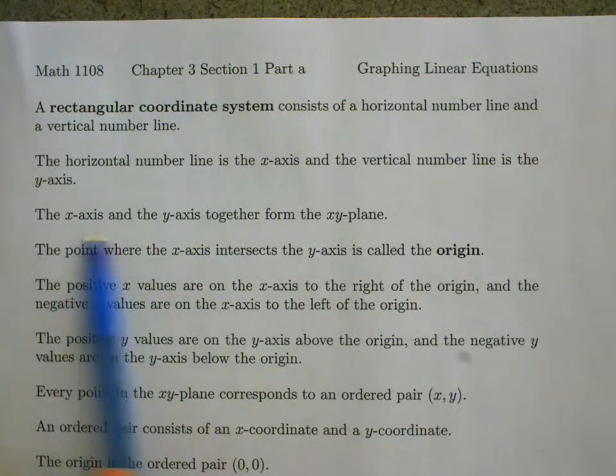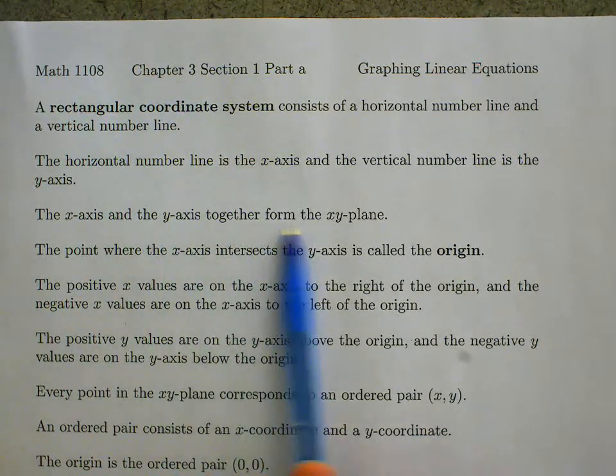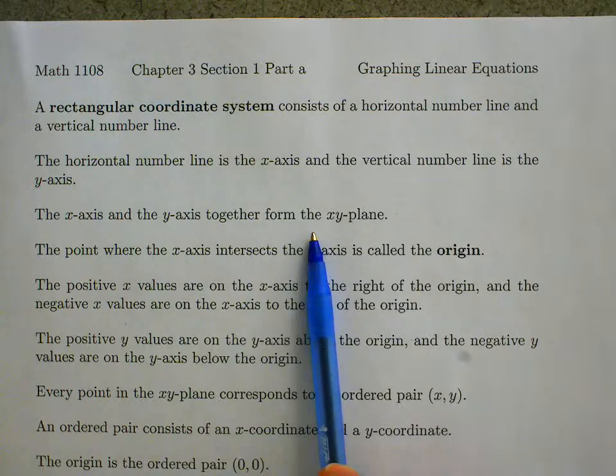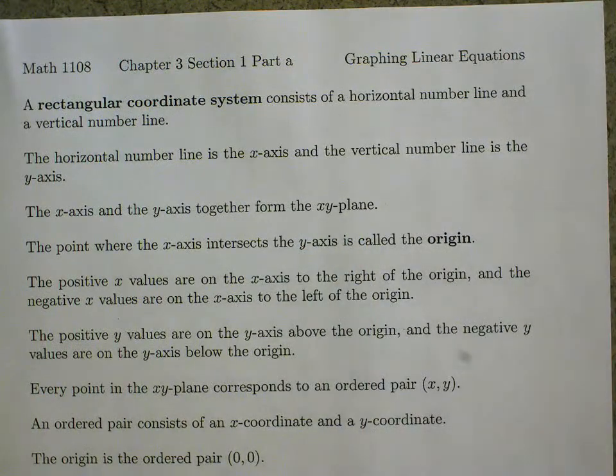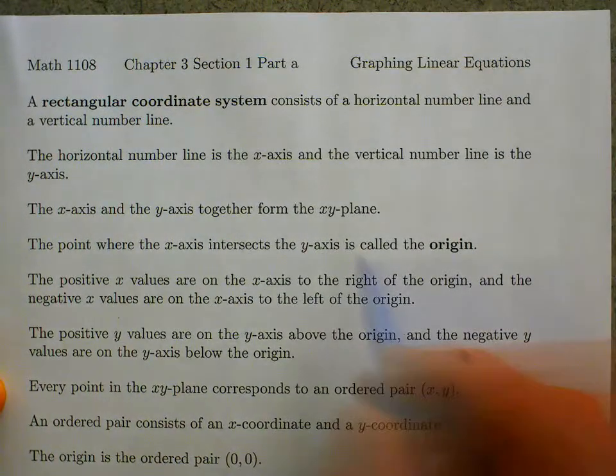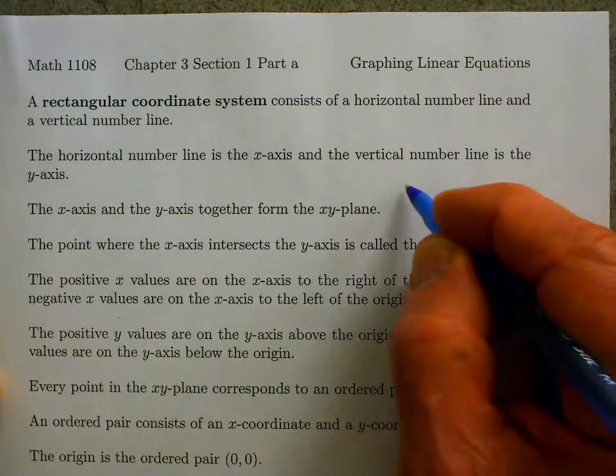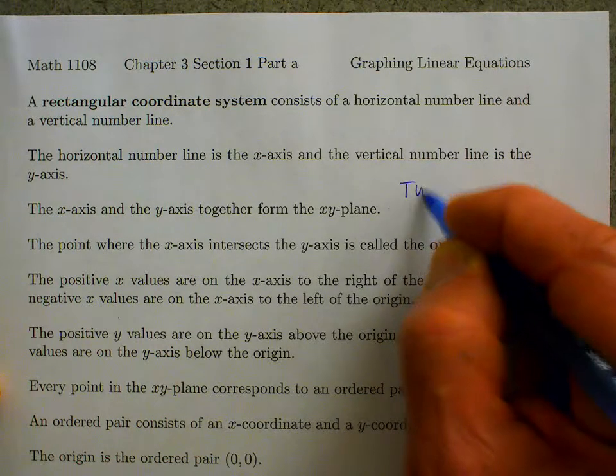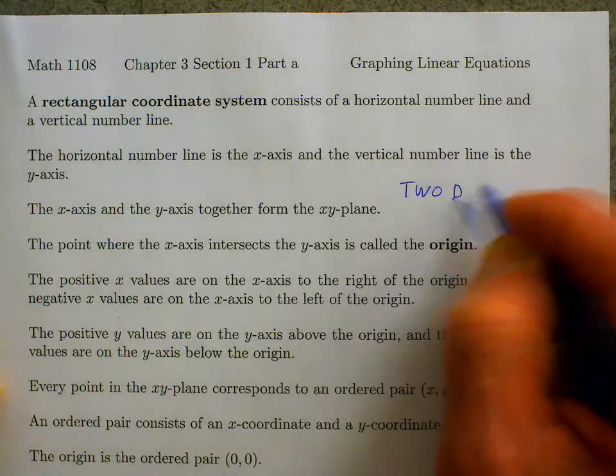The x-axis and the y-axis together form what we call the xy plane. So the xy plane, by plane we mean a two-dimensional space. So I'll just write 2 dimensions.